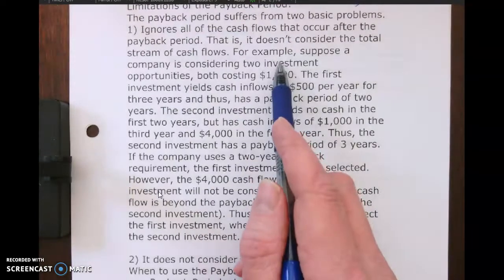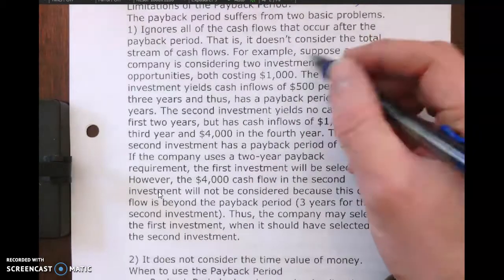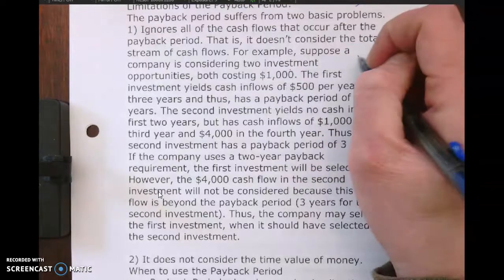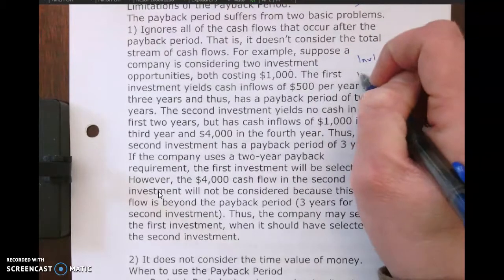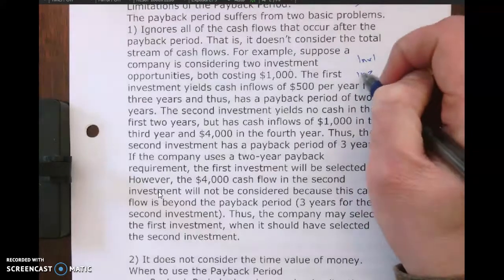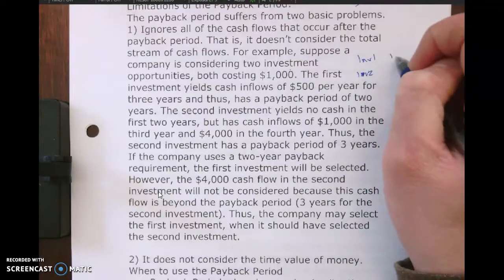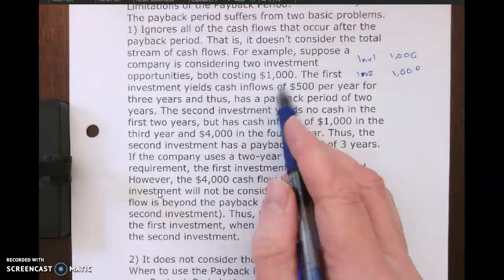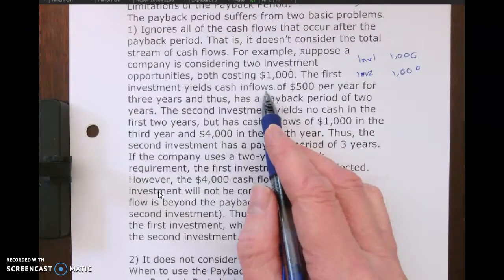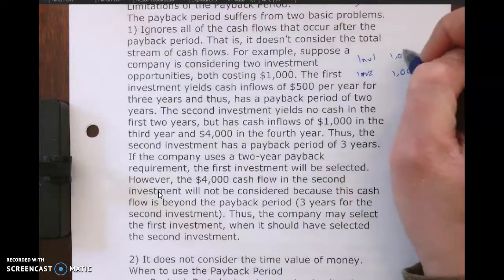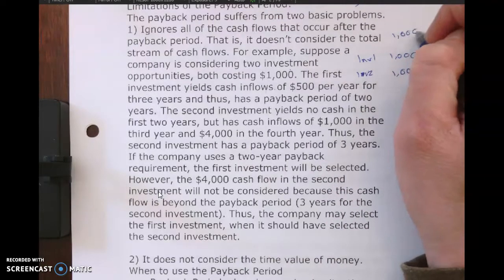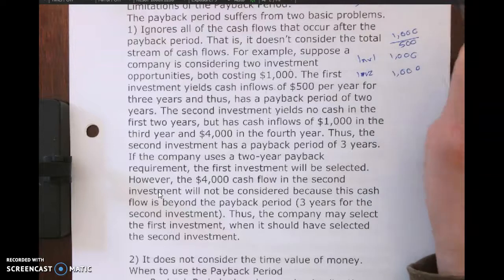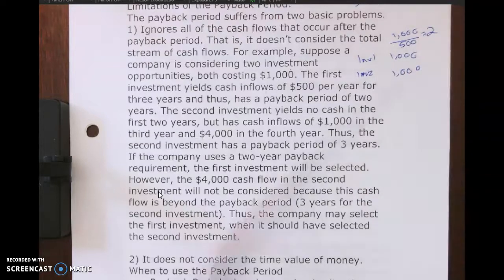So let's suppose that a company is considering 2 investments. So I'll say investment 1, investment 2. Okay? And each one costs $1,000. The first investment gives cash inflows of $500 for 3 years. So I could say this is our 1,000, gives me 500 cash flow, right? Gives me a 2-year payback.